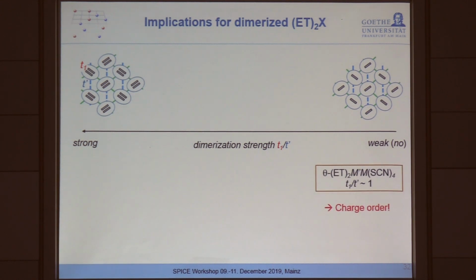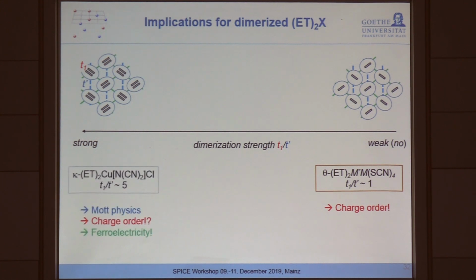We have the quarter filling, charge order is expected, and a very good representative of this scenario are these theta-phase materials where this ratio is of the order of 1. On the other hand, on the right-hand side, in the limit of strong dimerization, our kappa-chlorine material, this ratio is 5. Mott physics is expected, and charge order as the origin of ferroelectricity has been debated.